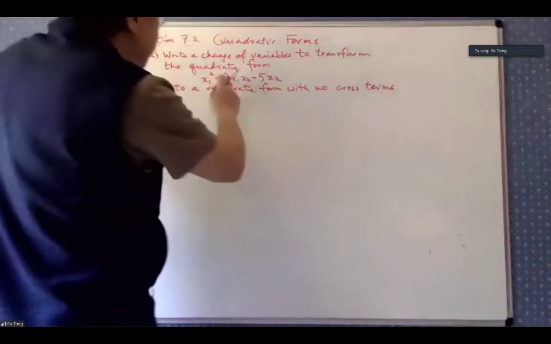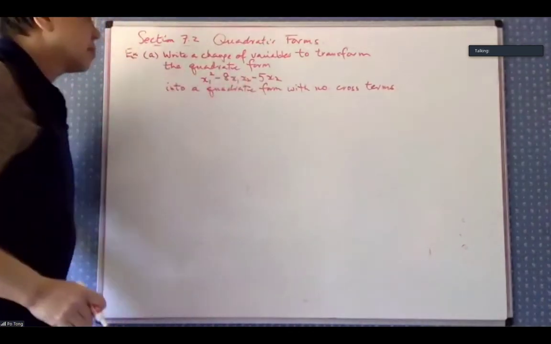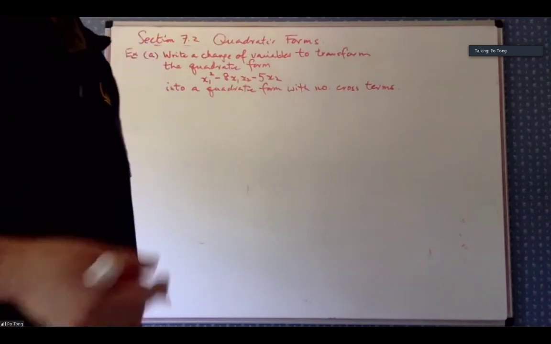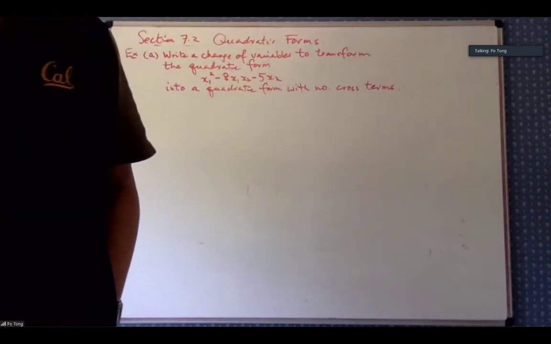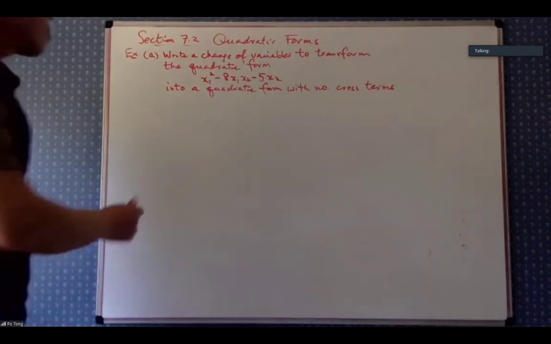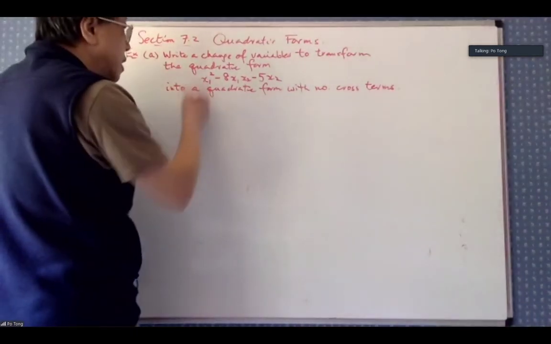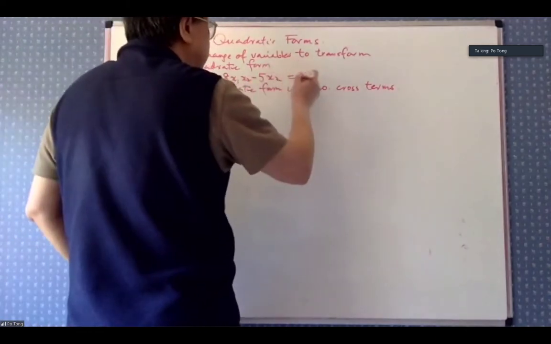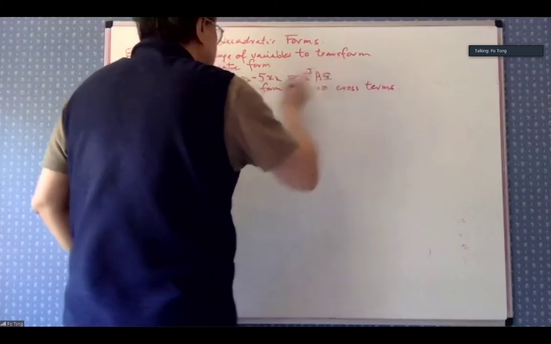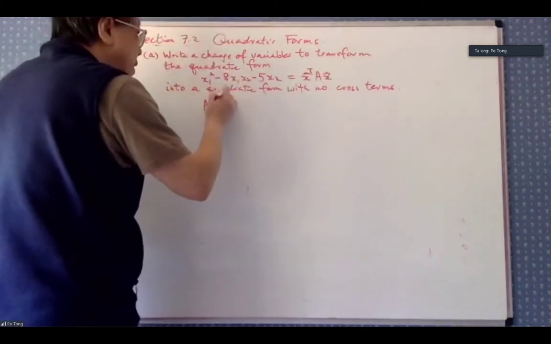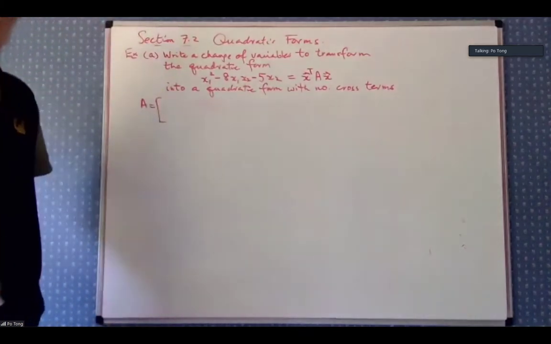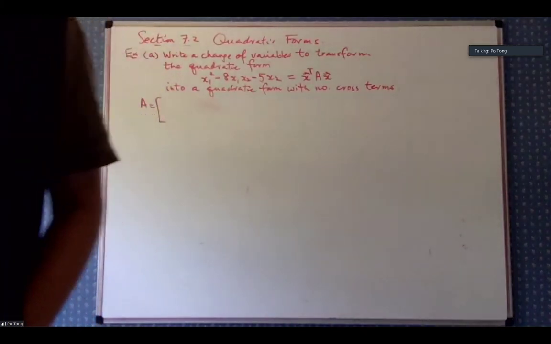So I want you to eliminate the cross term. Eventually, I will draw you pictures to understand geometrically what's happening, but for now, we just go through the process. This guy, I am going to write as X transpose A X. Can you tell me what would be the matrix A based on what we just did earlier?